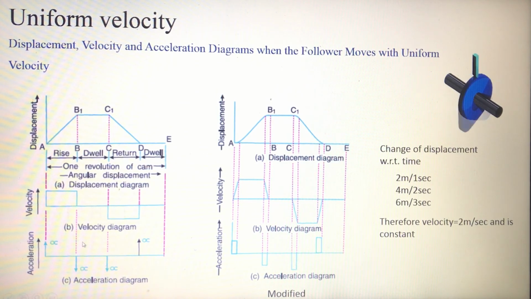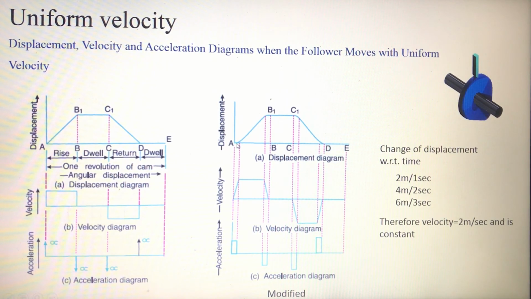So what we will do is provide some curves at the sharp edges in the cam. This profile belongs to the cam. At these regions, B1 and C1, A as well as D and also E, we will provide some curved shape.